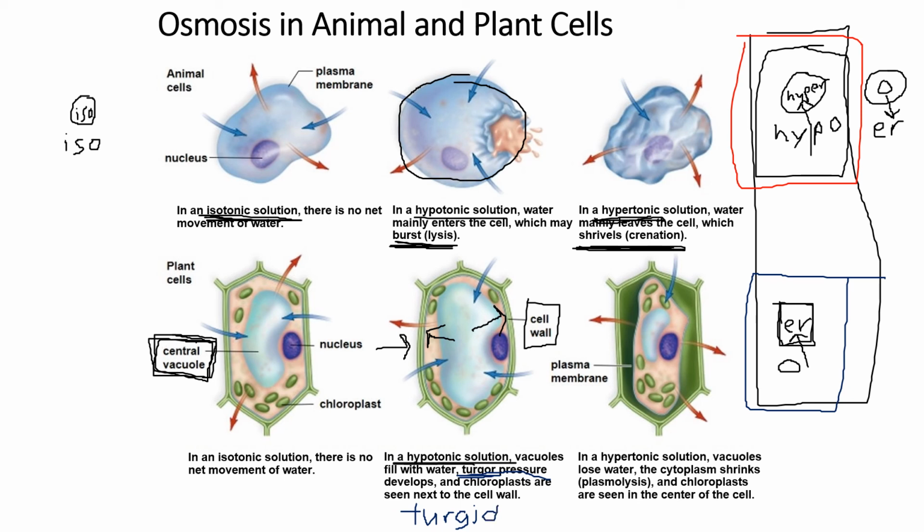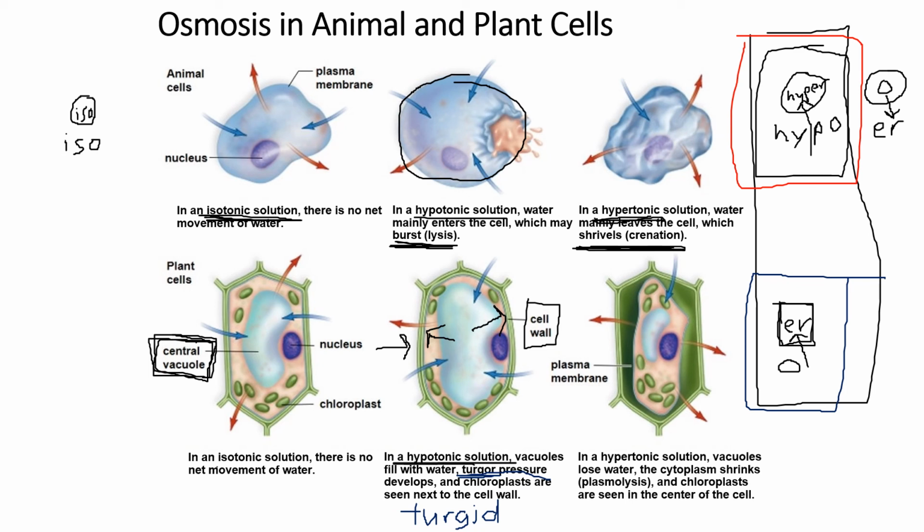It's how plants without bark stand up. The reason plants without bark can stand up and be upright is due to this turgor pressure. So that's why we typically feed plants tap water or some sort of water solution.